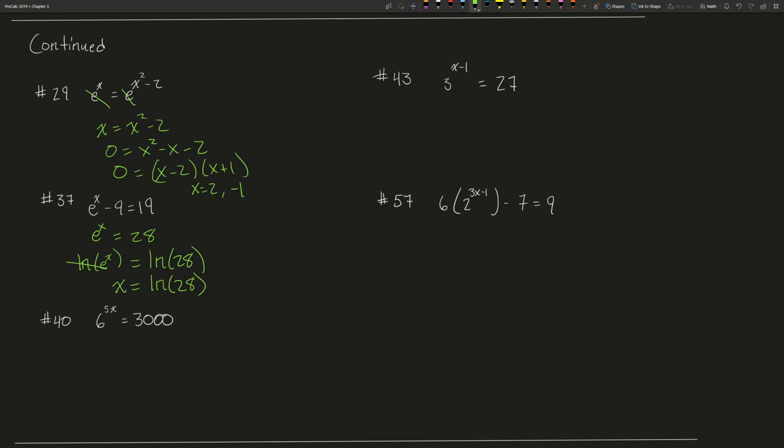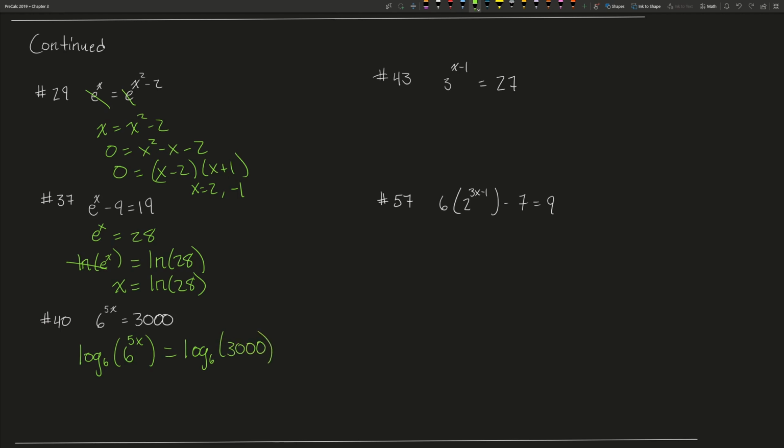Number 40, 6 to the power of 5x is equal to 3,000. In order to cancel out the base of 6, we have to take the log base 6 of both sides. So when we do that, we have the log base 6 of 6 to the power of 5x is equal to log base 6 of 3,000.